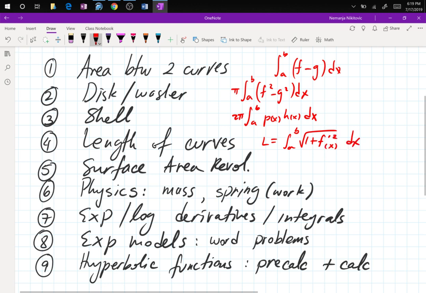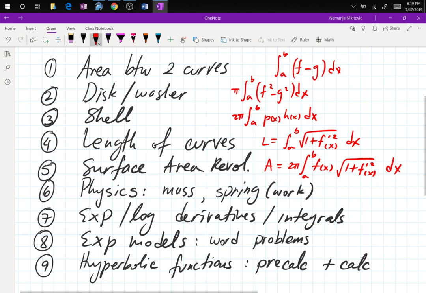Now all of these could be in terms of y, depending on the rotation and all that. Surface area of revolution is 2 pi integral a to b, f of x times square root of 1 plus f prime squared of x dx. So far, that's 5 formulas, but then they all have their y equivalents, so it's not 5, it's 10 formulas, right?